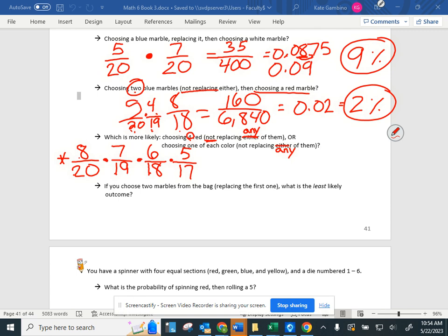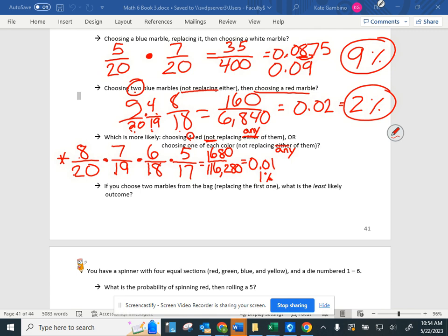So now we're gonna multiply across: 8 times 7 times 6 times 5, 1,680. And then we have 20 times 19 times 18 times 17, 116,280. And I get 0.01, which is 1%.